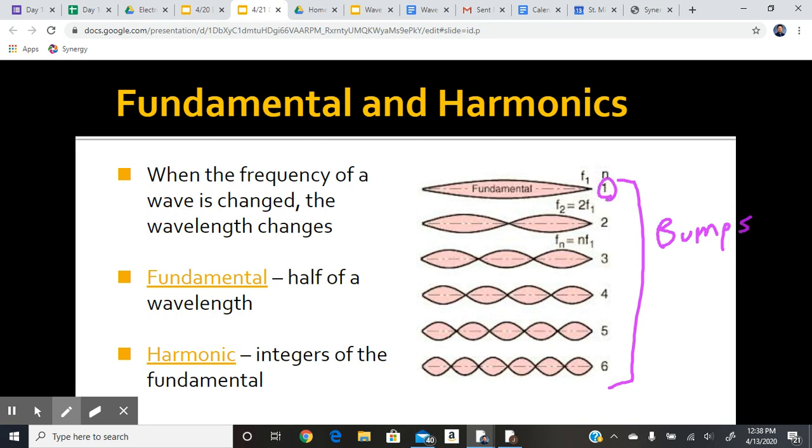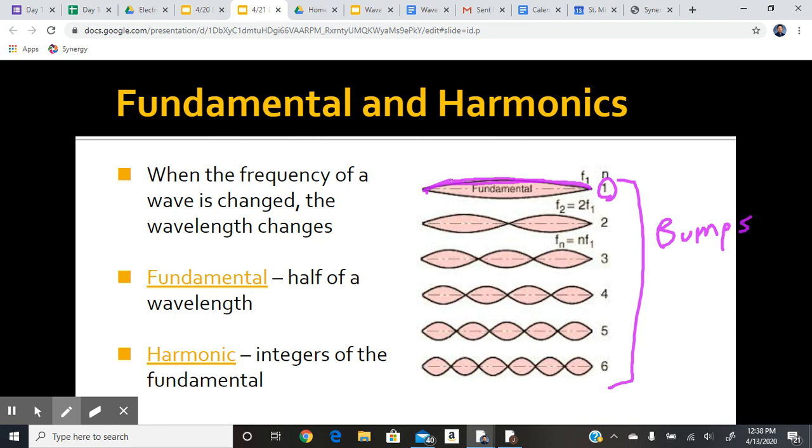So this fundamental has one bump on a wave. Every time you have one bump, that is your fundamental. Two bumps would have one full wave. And he talked about how that fundamental is half of a wavelength because that would just be like having one crest or one trough.